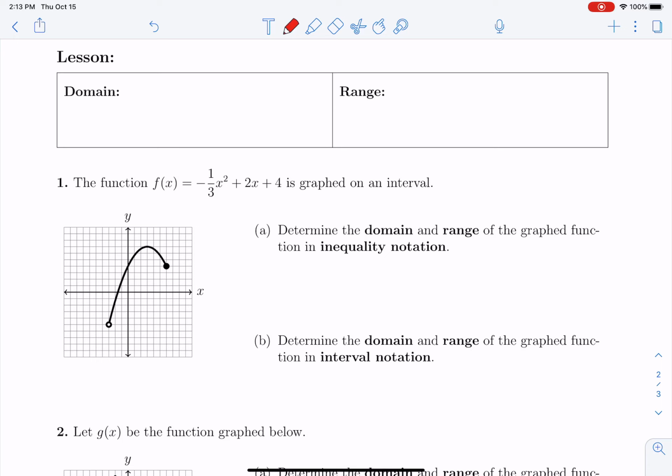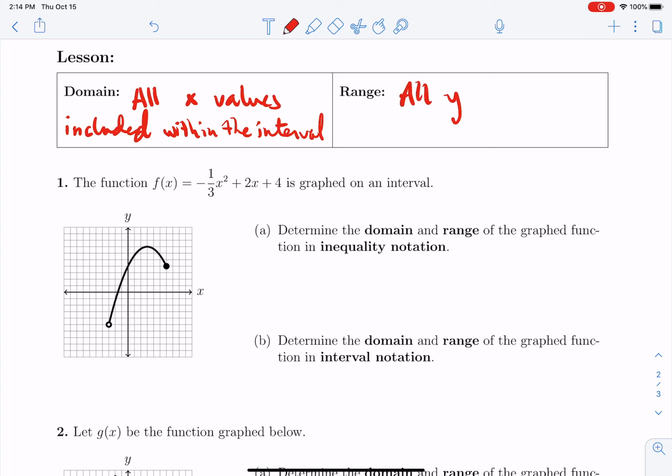So what the domain represents is all x values included within the interval. I guess you could say the defined interval or the interval. So the range represents all the y values included in an interval.